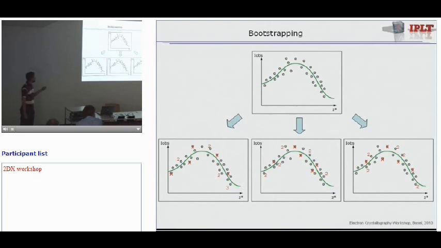Instead of fitting the lattice line once, we take several subsamples of the original data set, which have the same size as the original data set but are randomly sampled. So you might end up with a data set where some points are missing, but other points you have twice. And then we do the lattice line fitting for each of these data sets.